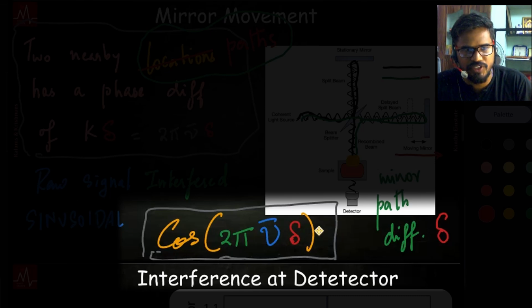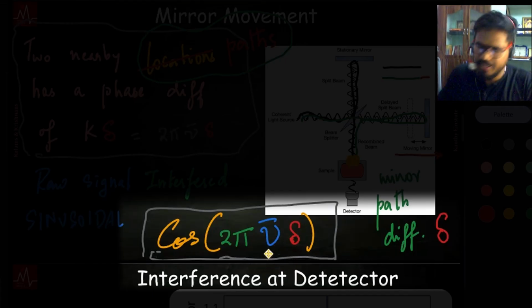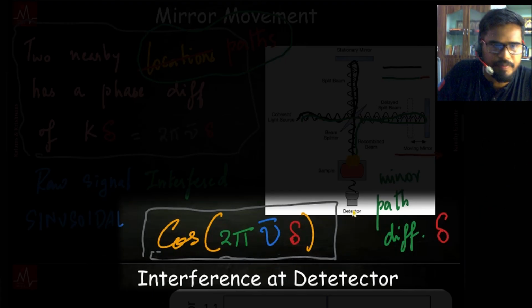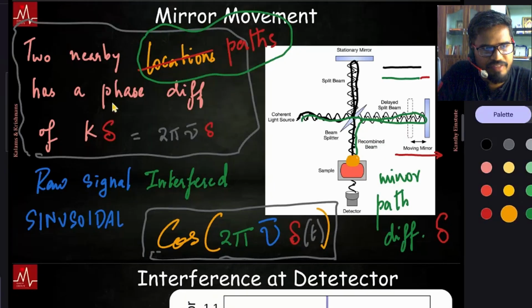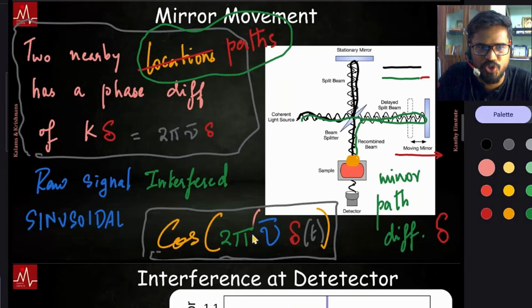So the registered sinusoid has a phase that depends on what the current path difference is, because it's a moving mirror. And then in fact, I can put this as delta of t, the moving mirror, and then the phase difference is k times delta. The coefficient of delta is k, that is 2 pi nu. So the frequency information also shows up here.